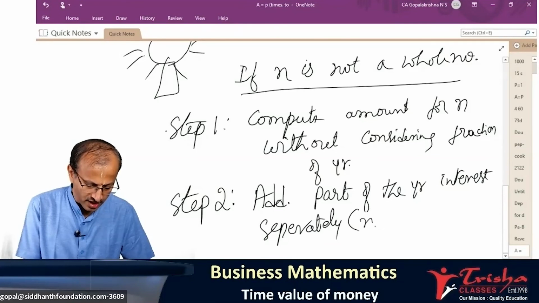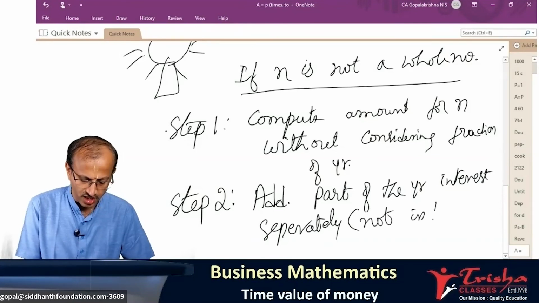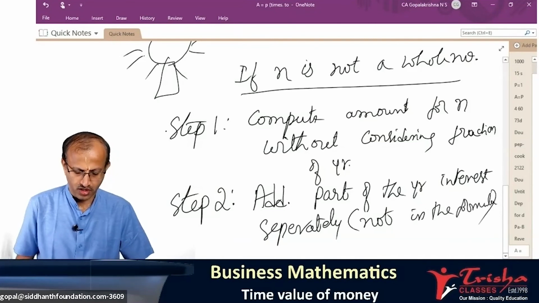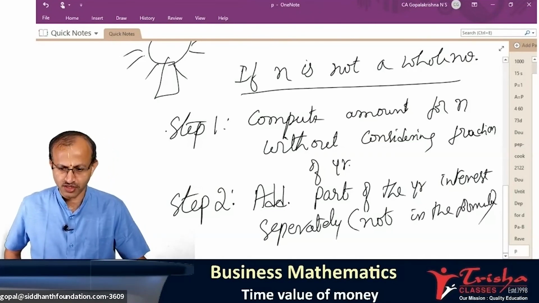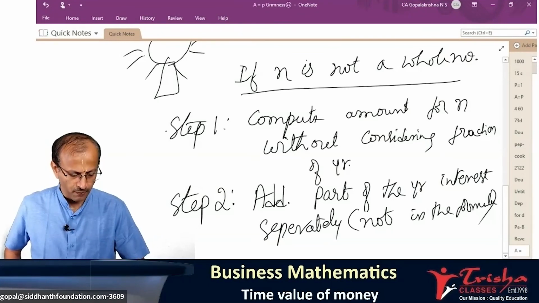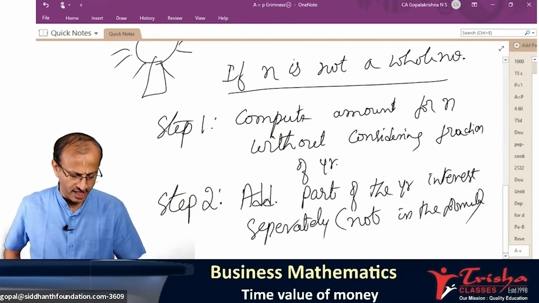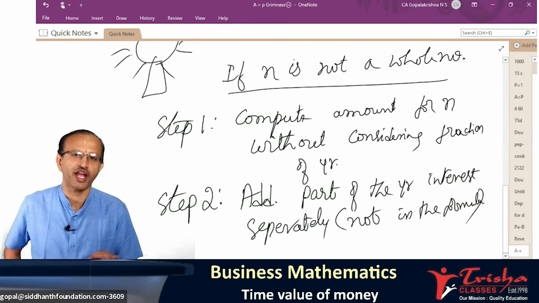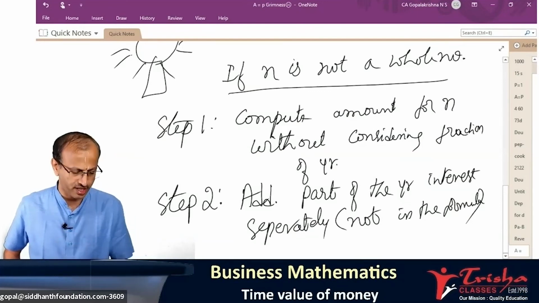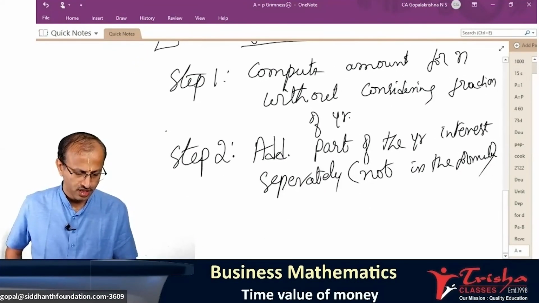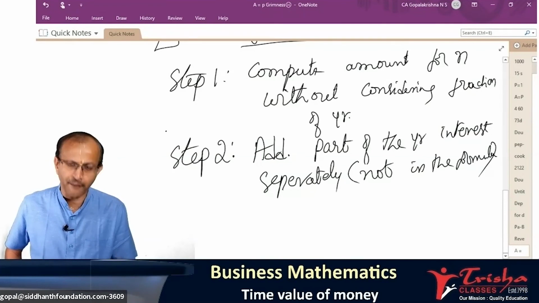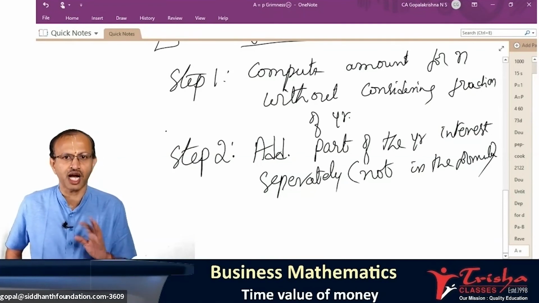Add part of the year interest separately, not in the formula. Okay, I repeat once again, 2 steps. Step 1, compute the amount for n without considering the fraction of the year. Whole number you have to work. Second step will be to add part of the year interest separately, not in the formula.